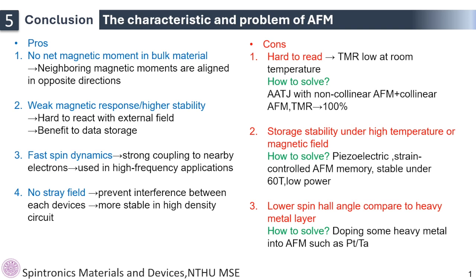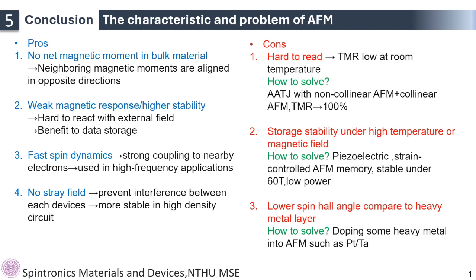There are some properties of AFM materials. First, we already know that there's no net magnetic moment in bulk material because the moments nearby will align in opposite directions and cancel out the magnetization.